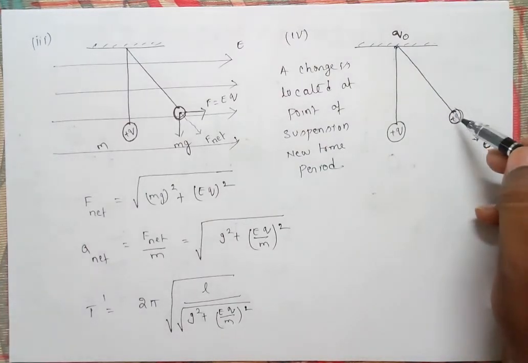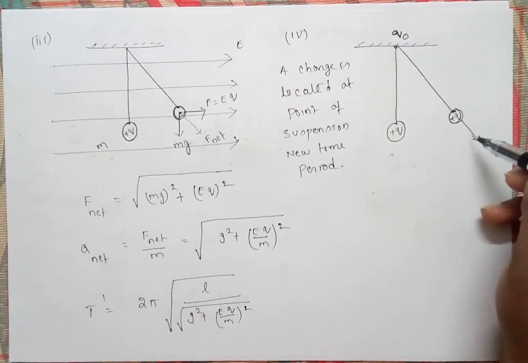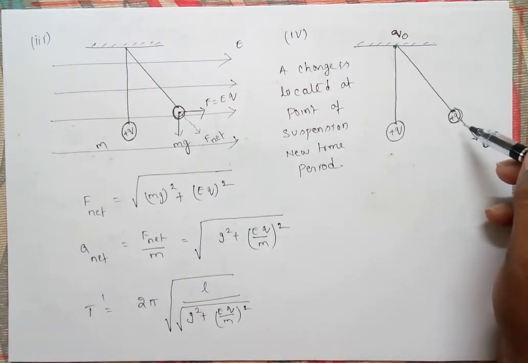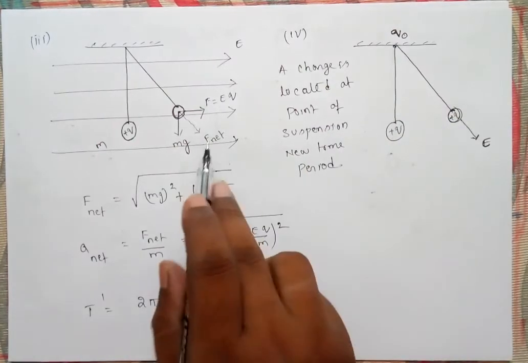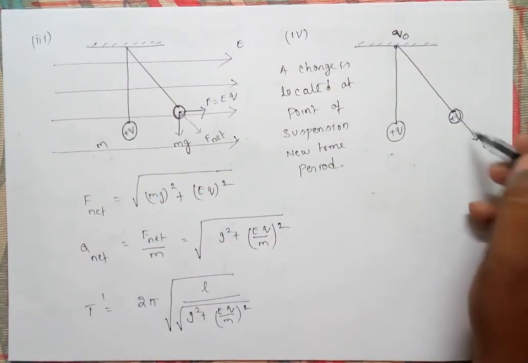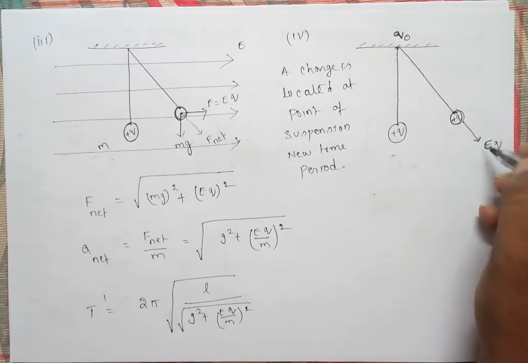Then when it is along this direction, we cannot resolve it. Suppose it makes some angle with the vertical, as in the horizontal case, then we can resolve the component. But if it is along this direction, we cannot resolve it into components. So here the component of the electrostatic force is not acting as a restoring force.